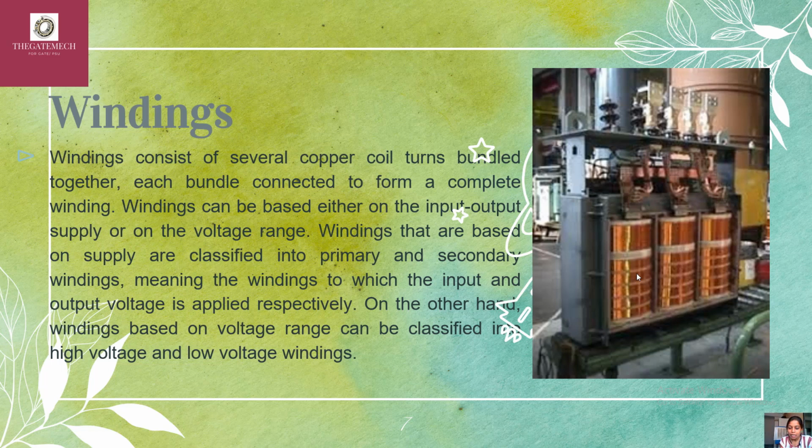Winding can be based either on the input-output supply or on the voltage range. Windings based on supply are classified into primary and secondary, meaning the winding to which the input and output voltage is applied respectively. On the other hand, windings based on voltage range are classified into high voltage winding or low voltage winding.